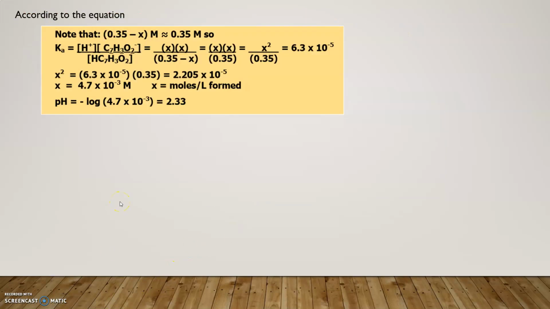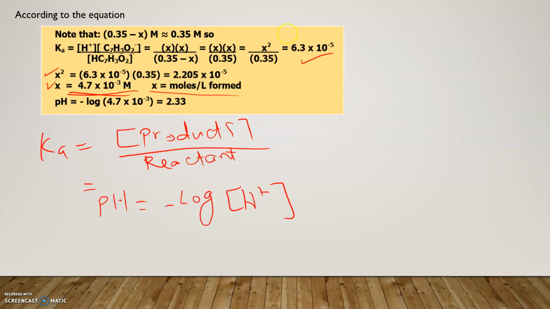According to that equation, let's apply Ka equals, again, products over reactants. Using the ICE table, at equilibrium, you just use X and X for H and the negative ion, divided by the reactant.